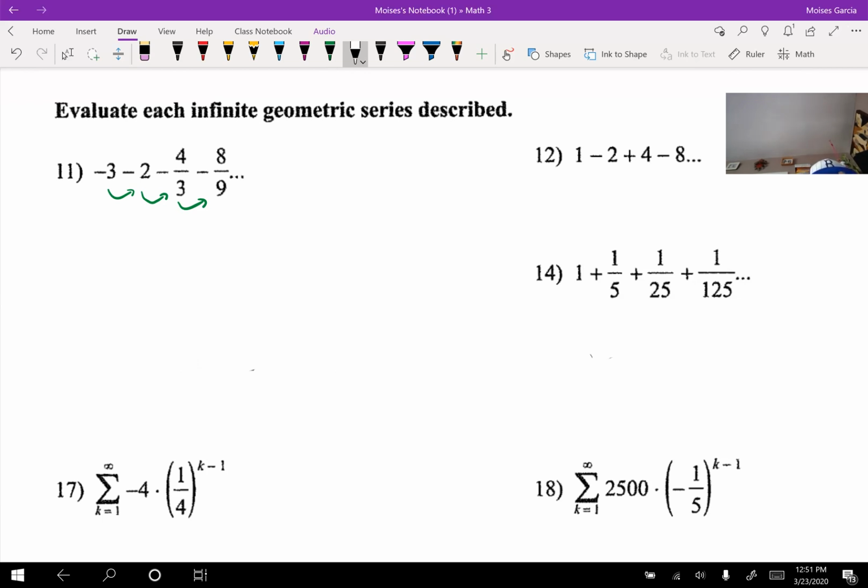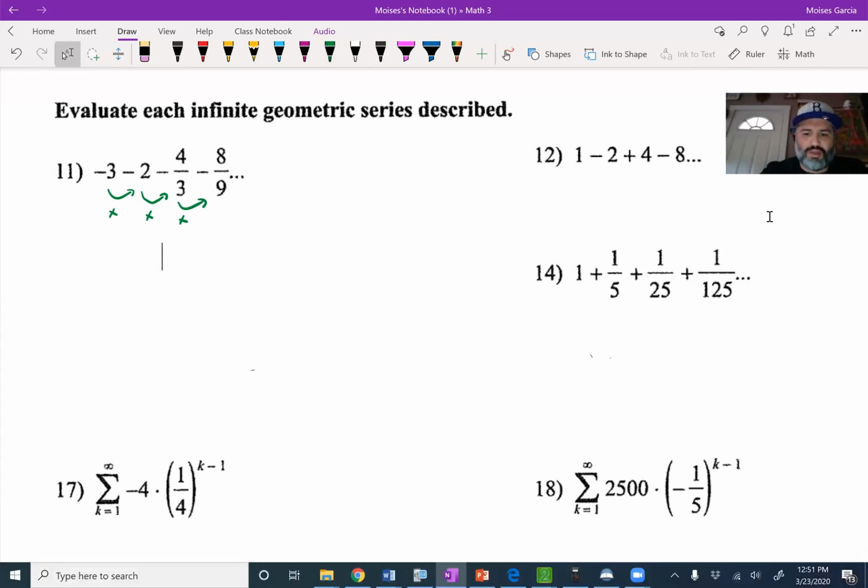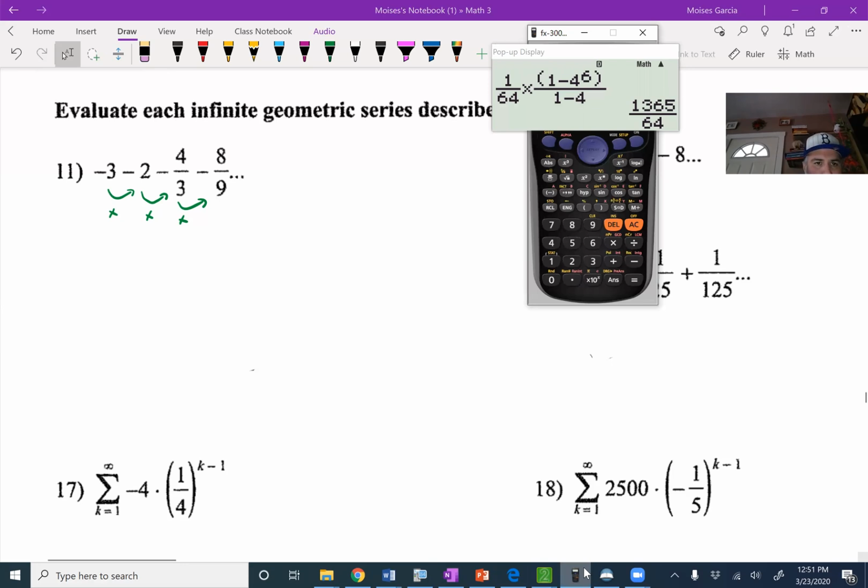All right, so notice how for this one it stays negative here. So I've got to figure out what number I'm multiplying by because it is, again, a geometric series. What you should notice is that I'm multiplying here by a fraction, causing this value to decrease.